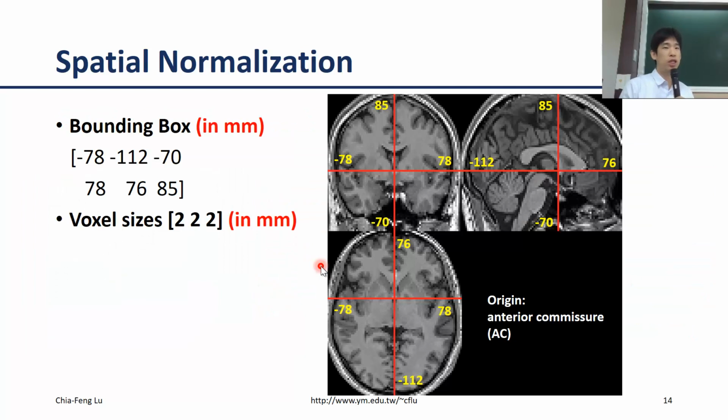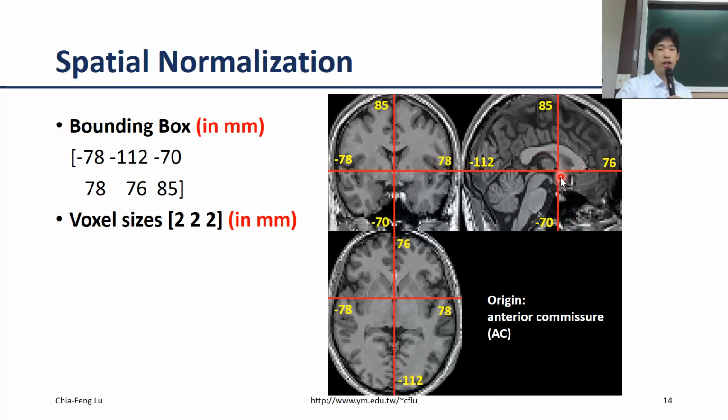I may use this slide to explain what a bounding box is. As you may see here, after the spatial normalization, we set up a so-called image origin in our normalized image dataset. The origin is located at one of the anatomical points we call the anterior commissure, or in short, the AC point.